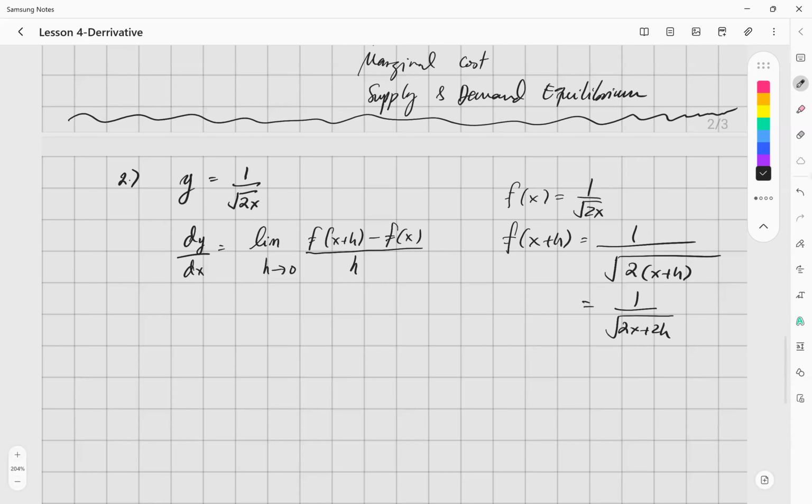This is your f of x plus h. Now all you need to do is substitute everything, putting f of x plus h over here and f of x over here.